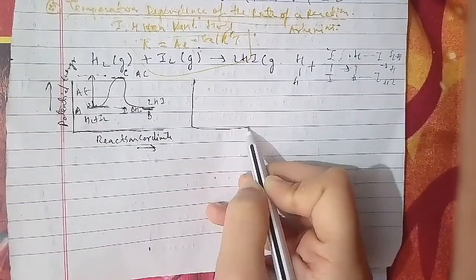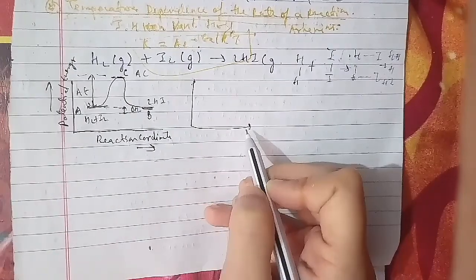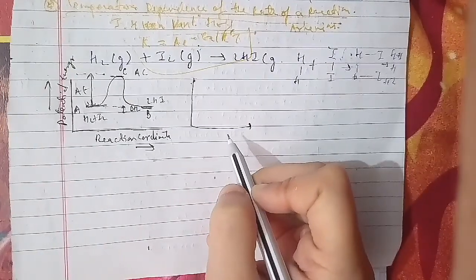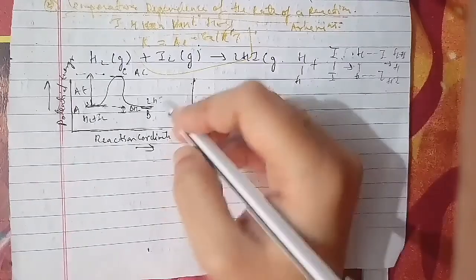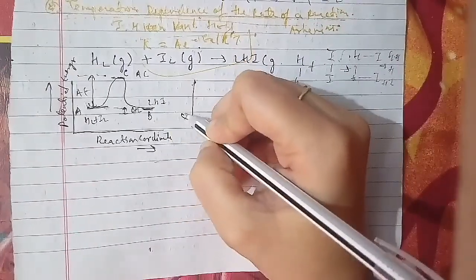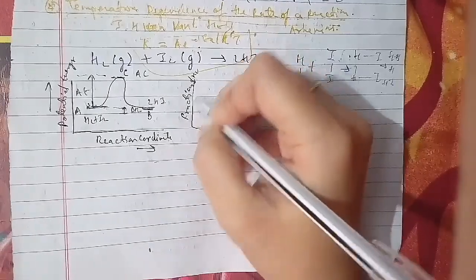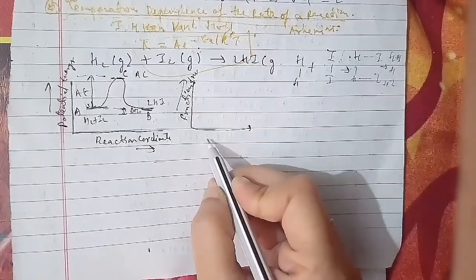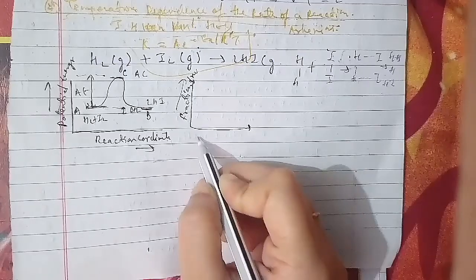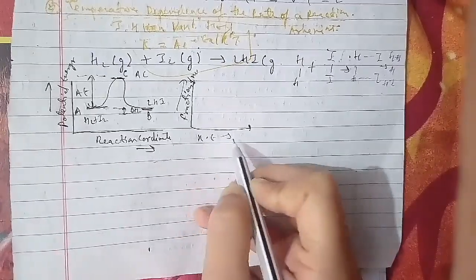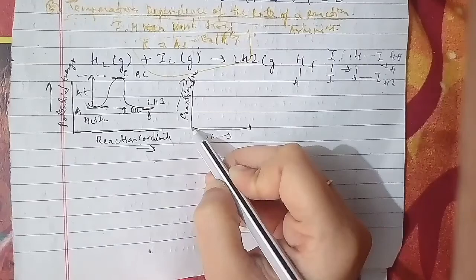At this point, this is the most probable kinetic energy. Now the another graph we'll draw here. This is again for the fraction of molecules, and for this we have represented the kinetic energy.